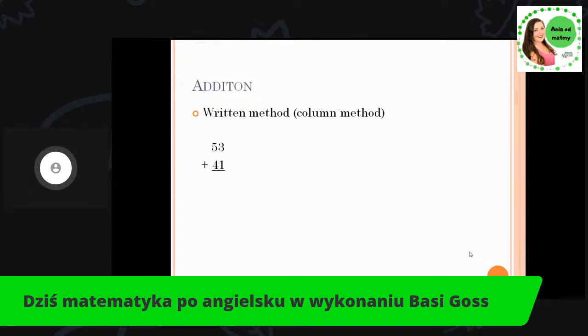We also write the plus symbol because we're going to be adding the numbers. Can you find the answer and write it in your comments? Can you please write the answer and send me a comment?